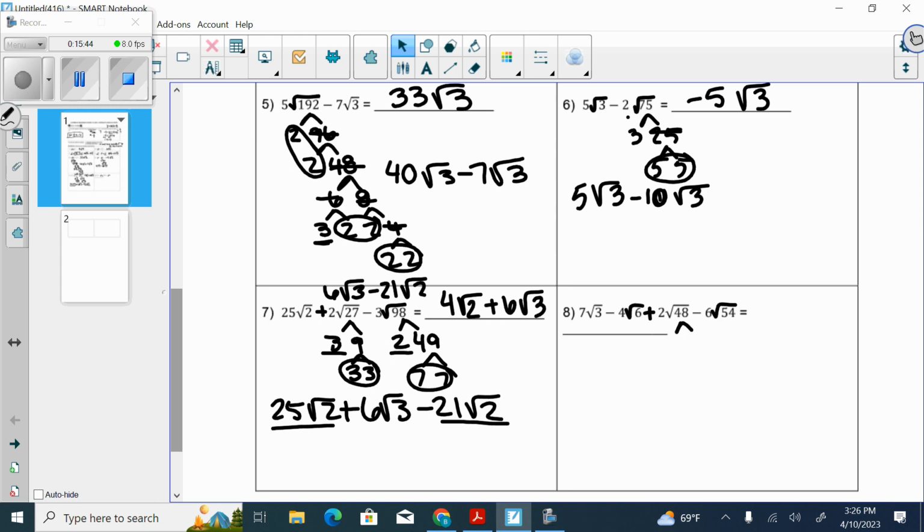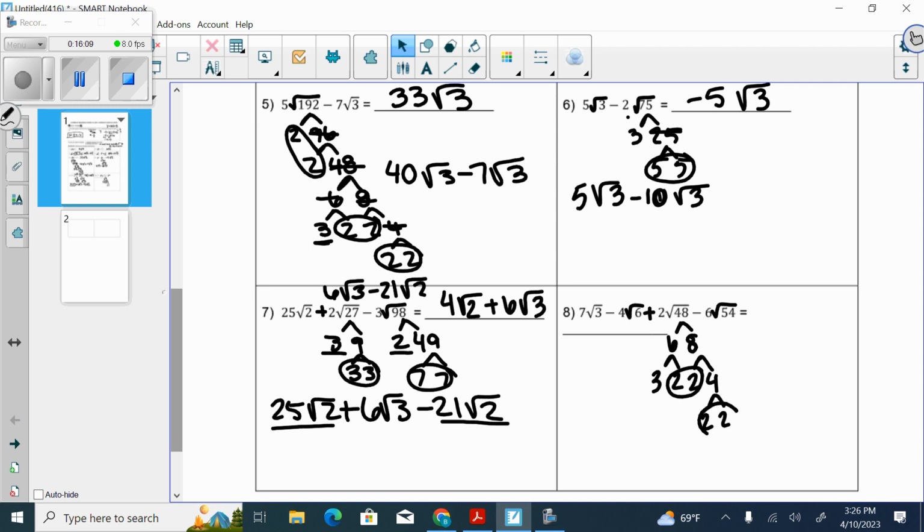48, that one's pretty big, so we should be able to simplify that, right? 6 and 8. All right, and what about 6? What does it break into? 3 and 2. And 8 would break into, good. So I got a pair of 2's. And what does 4 break into? 2 and 2.